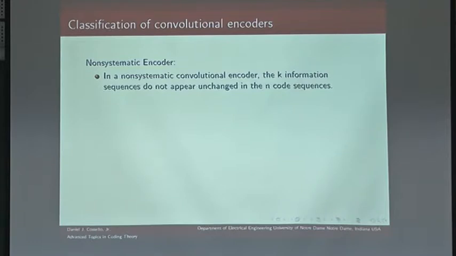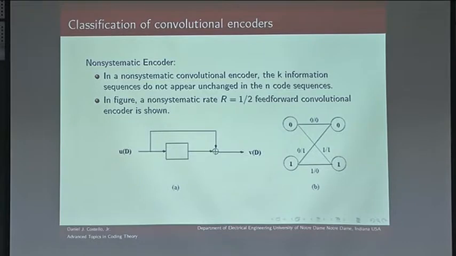With block codes, there's really no advantage in using non-systematic over systematic. With convolutional codes, depending on how they're decoded, there is.